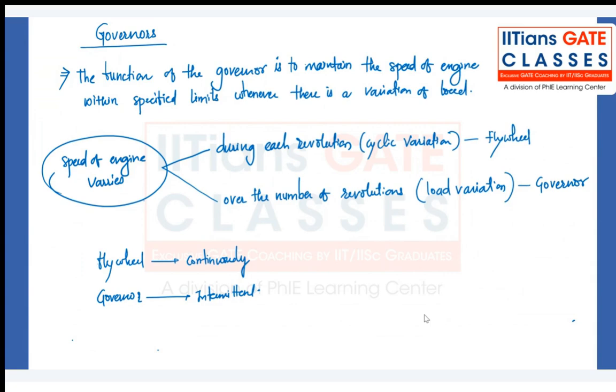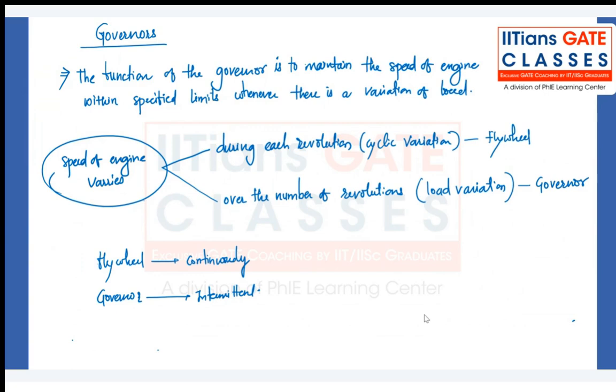And this is how it is different from the flywheels. Flywheels were used during each revolution. We have some cyclic fluctuation because we have only one power stroke where power is produced, and at the other strokes like suction, compression, and exhaust stroke, power is used, right?